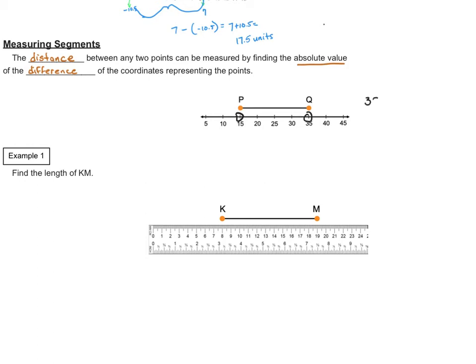We would take the larger number and subtract the smaller number, and that distance turns out to be 20 units. And if I look, this is 5 units, 5 units, 5 units, 5 units. So we have to make sure that we're looking at the measure of those.